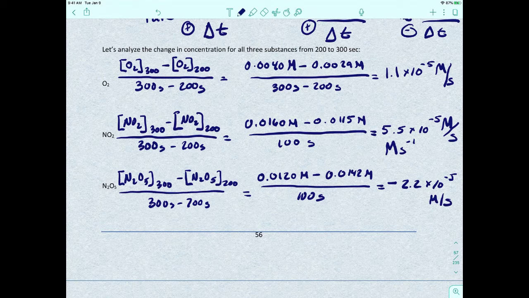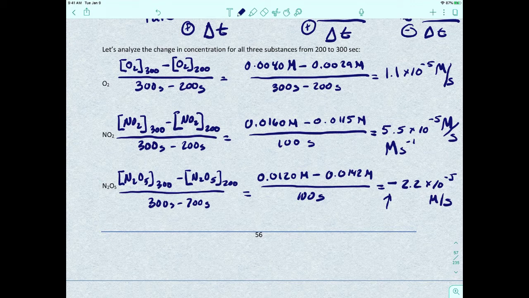All right, so now that I made a big deal about the negative sign, we know that this is going to be a negative value because it's a reactant, so the concentration should be going down. Because we can look at the chemical reaction and know that since that's a reactant, the concentration needs to be going down, we report these numbers as positive, even if they come out negative.